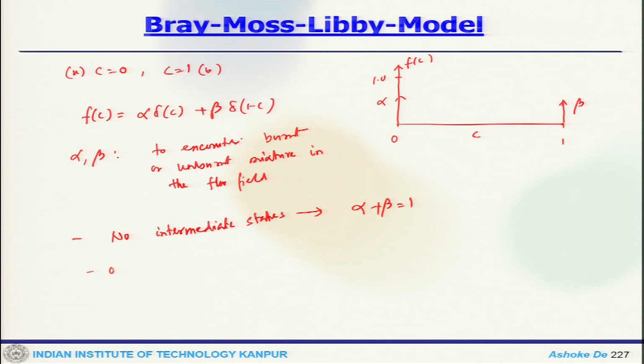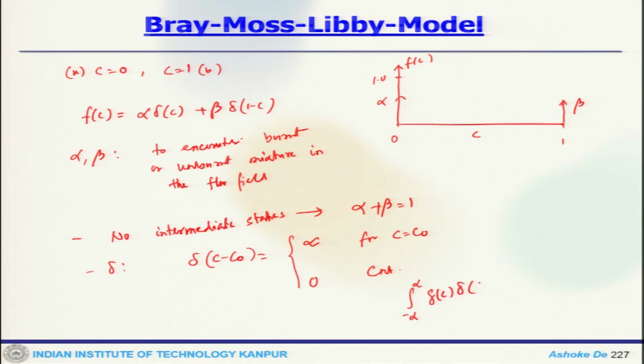and then the delta function, which is defined as delta C minus C naught, could be infinity for C equals C naught or 0 for constant, which gives that the integral from minus infinity to plus infinity of Gc delta C minus C naught dC is Gc naught.